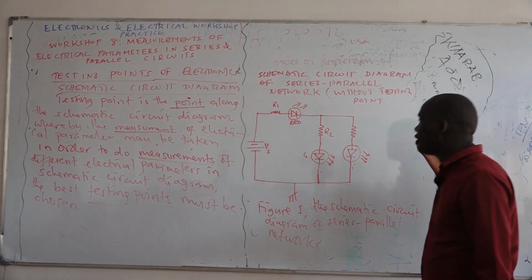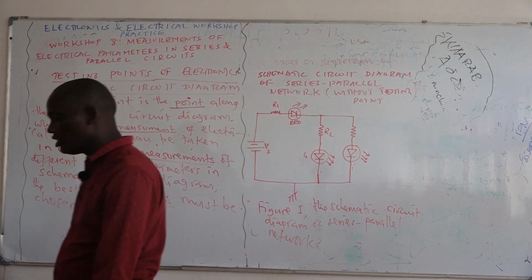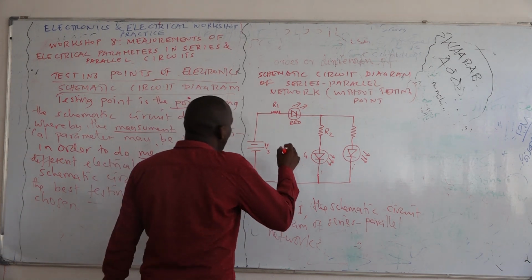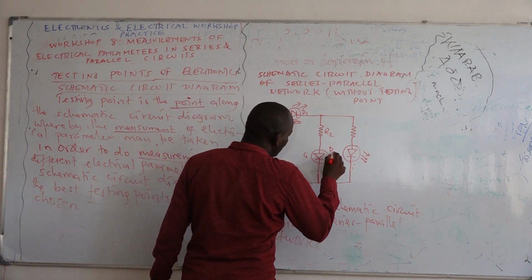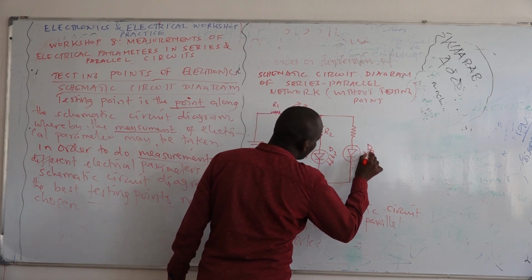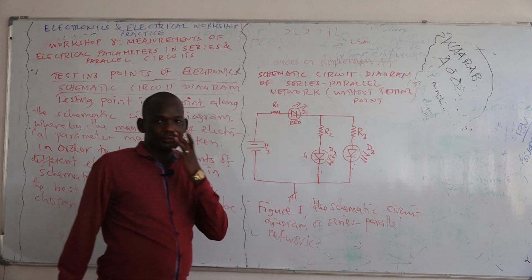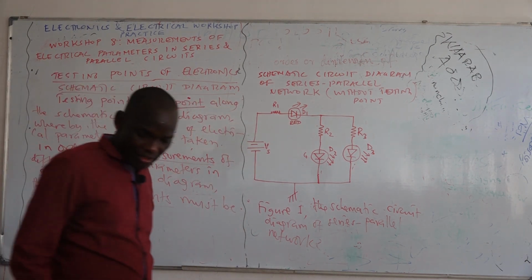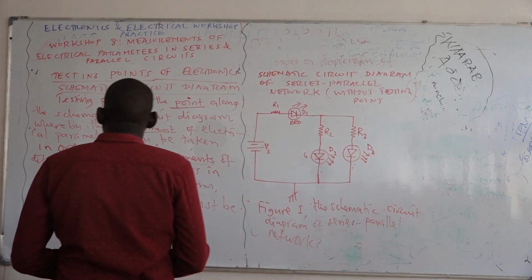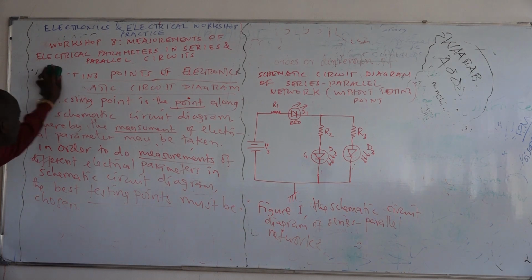We don't know the value of resistors. In the case of LEDs, that's fine. So we might call this diode 1, this diode 2, and this diode 3. And here we have R3. While you are finishing up drawing, let me clean this part. May I clean this part? Yes.